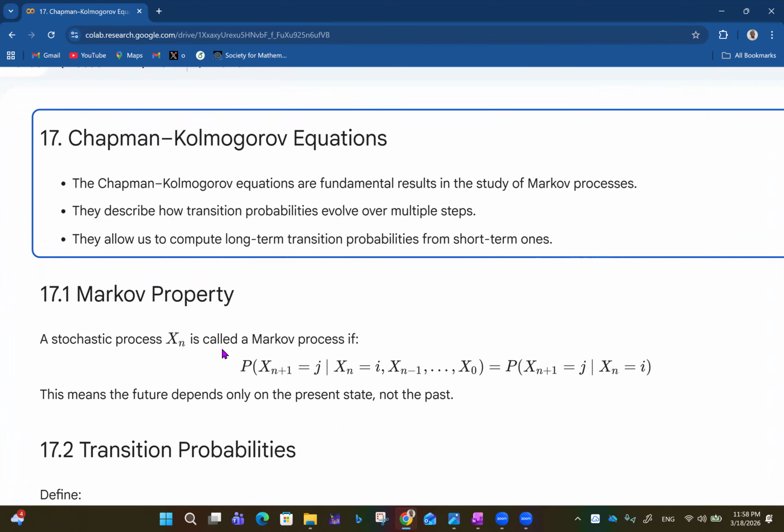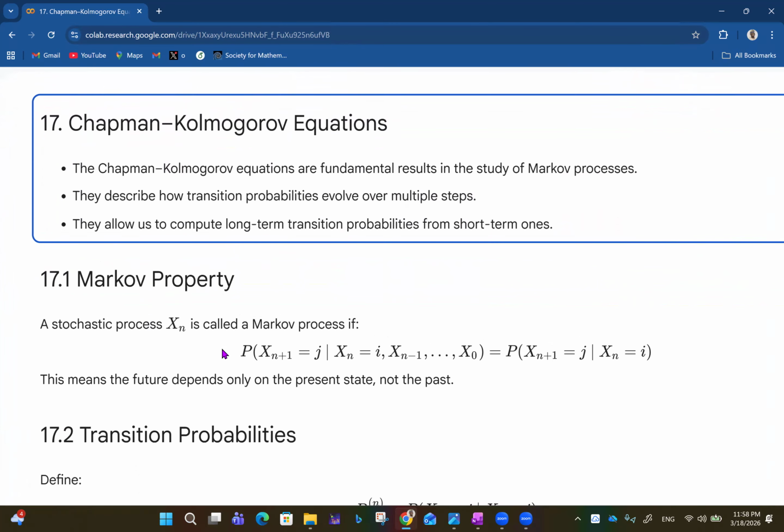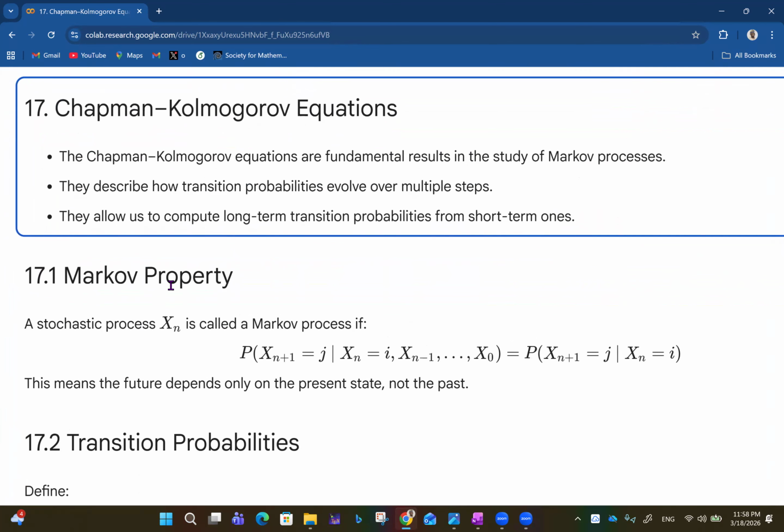So we already know the Markov property. For a stochastic process, Xn is called a Markov process if P of Xn plus 1 equals j, given that Xn equals i, Xn minus 1, all the way down to X naught, is simply equal to the probability of Xn plus 1 equals j, given that Xn is i.